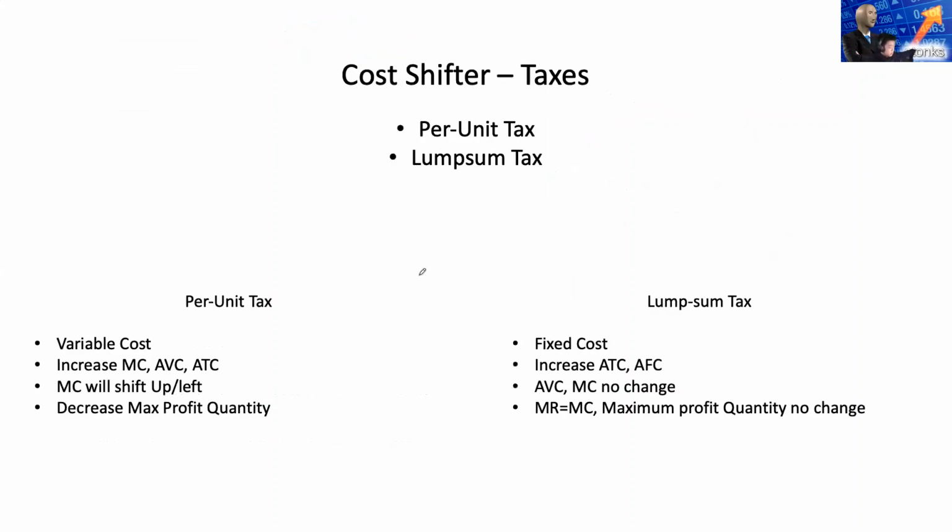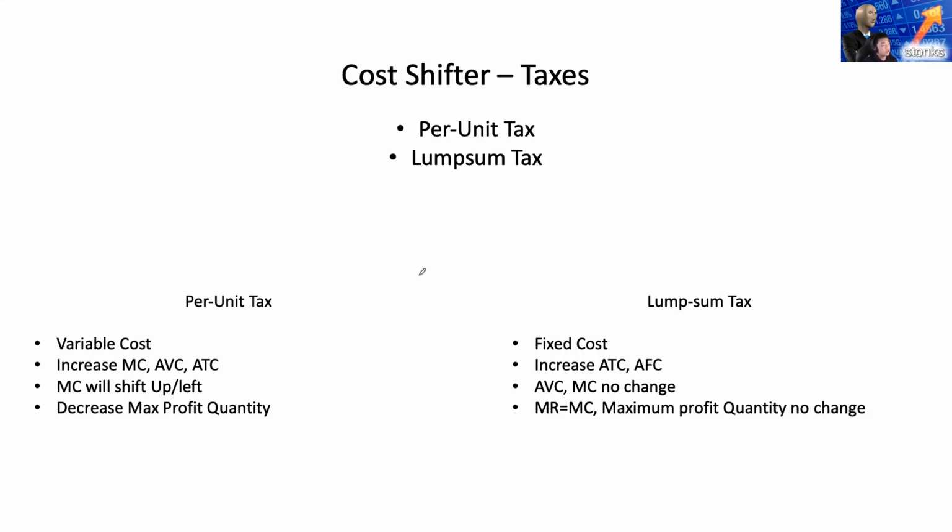All right, we're talking about taxes now. I briefly mentioned taxes before. The per unit tax is for suppliers, and it usually means that if you produce one more unit, you pay a tax on how many units you produce.